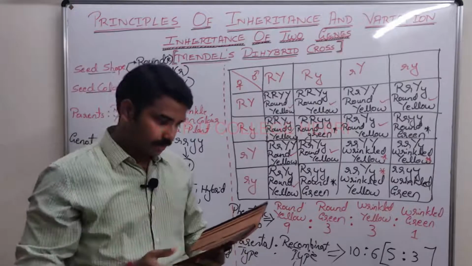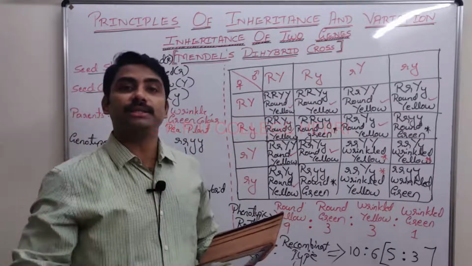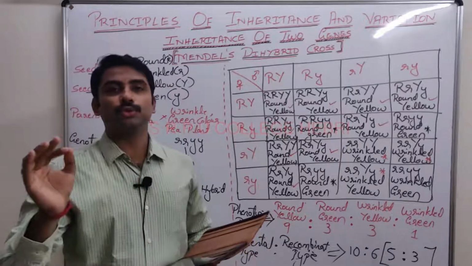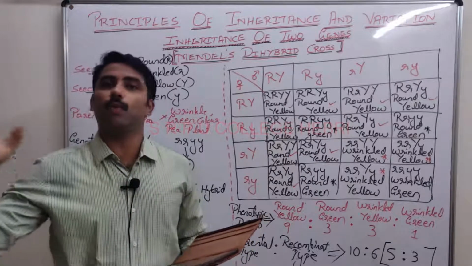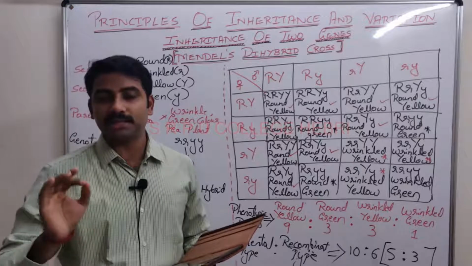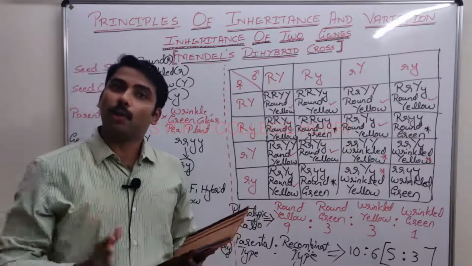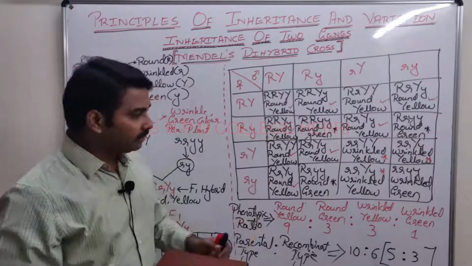Next line, the above plants appeared in 9:3:3:1 ratio. Okay, this much.